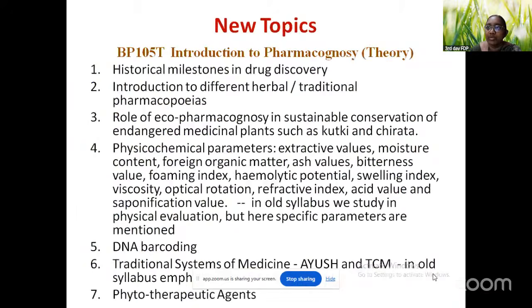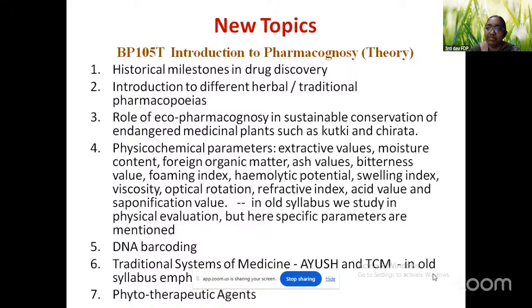So the new topics regarding the individual subjects in the first semester. This is somewhat similar to our old topic of Pharmacognosy 1, but the added topics are historical milestones, various herbal pharmacopoeias, ecopharmacognosy, and physicochemical parameters. This we studied in the old syllabus as quality control, as the physical evaluation.